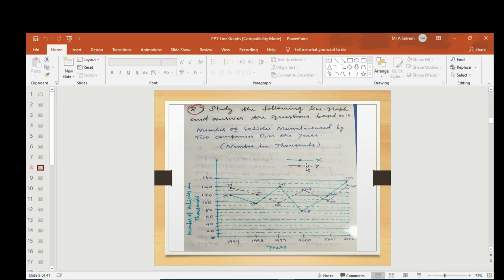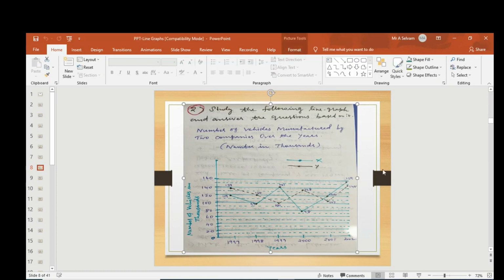Look at that part. X manufacturing company is represented in violet color: 119, 99, 141, 78, 120, 159. How to consider in thousands? For example, 1,19,000, then 99,000, then 1,41,000, 78,000, 1,20,000, and 1,59,000.